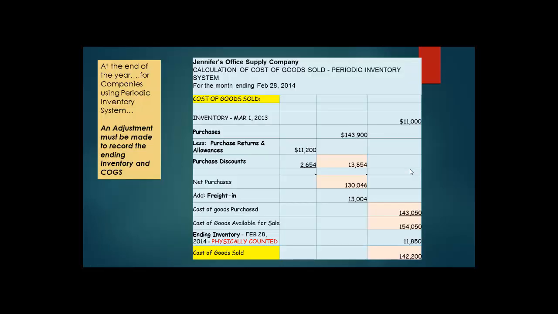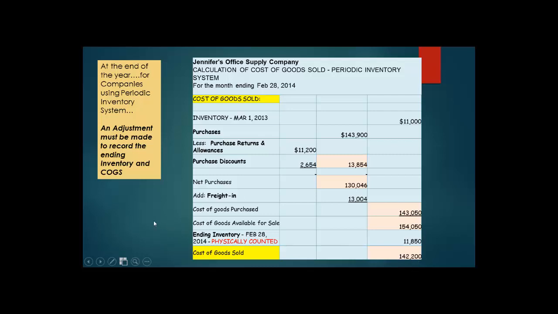All right, let's take another look at that statement. So now I'm using year-end balances in these. We're not just using those transactions, and that's why these numbers are so much higher than the last journal entries that I did. So let's say we get to this point for Jennifer's office supplies. We do a physical inventory, and we calculate the cost of goods sold must be $142,200.